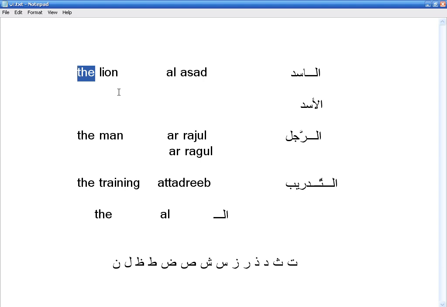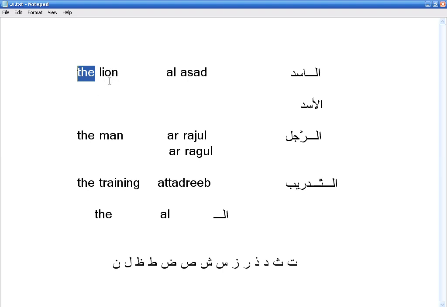You're going to say it's the lion which is at the right side, okay. So when you said that, he now knew which one you're talking about, because you determined for him which one you're talking about by putting the before the noun, before the lion that you're talking about.